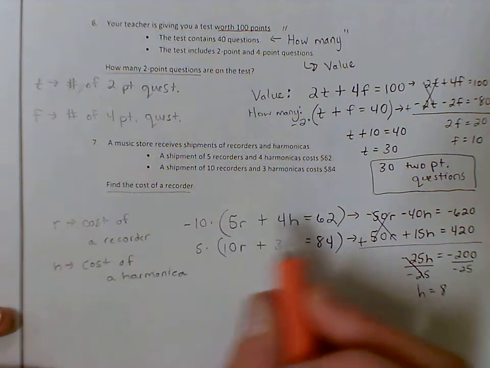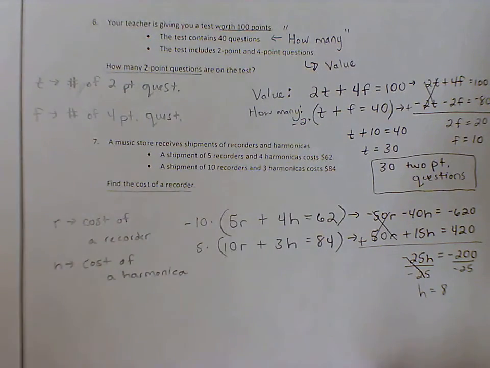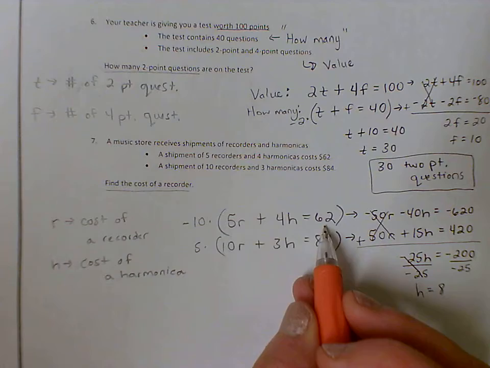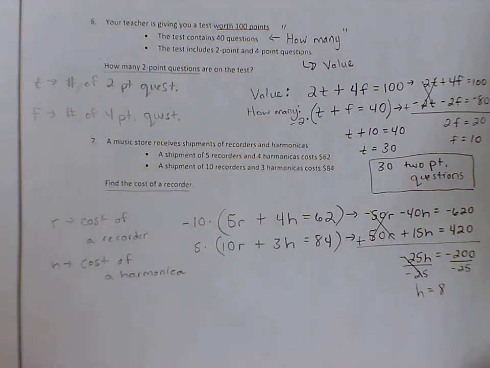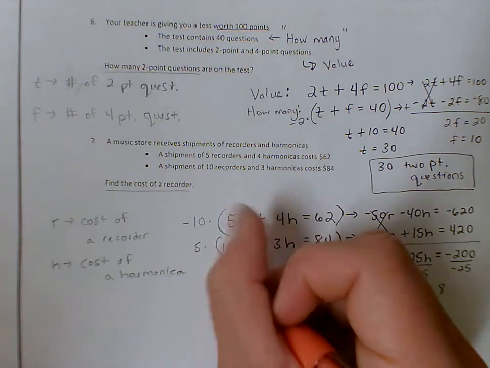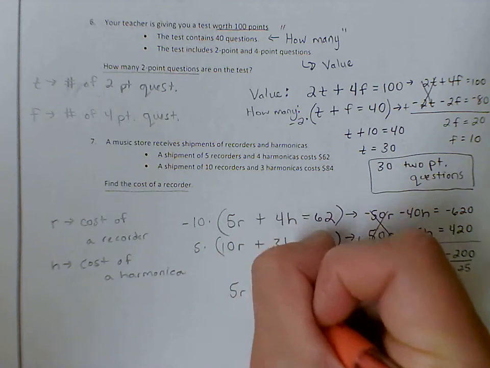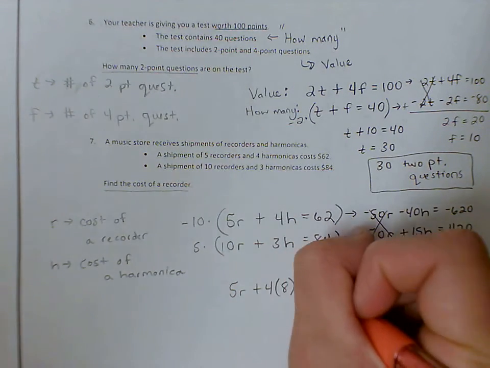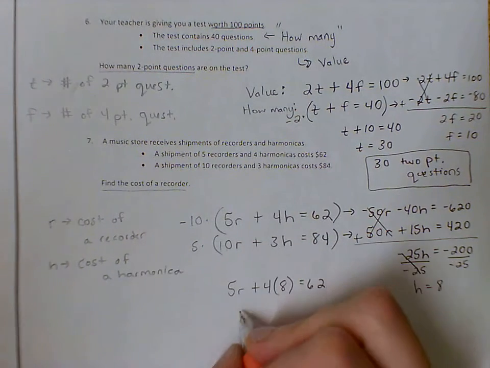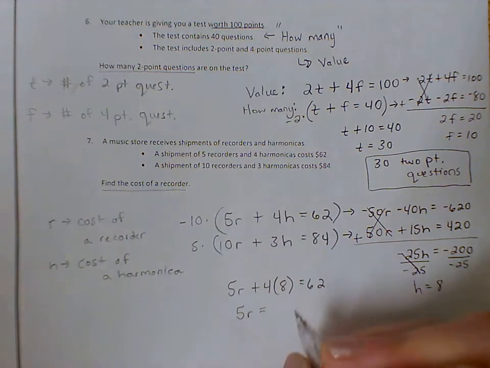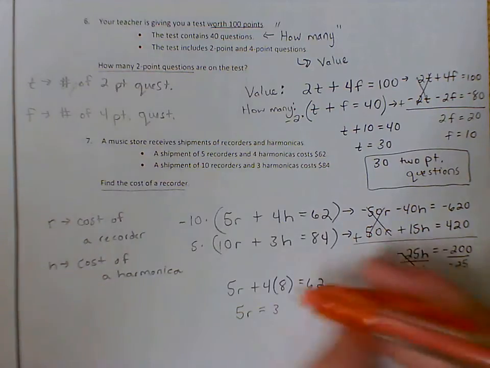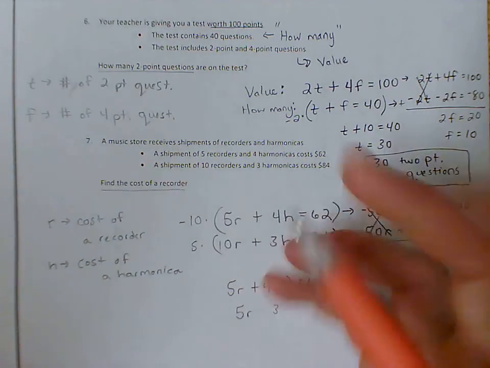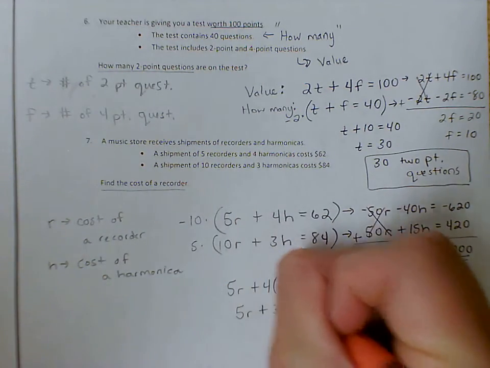So you've got to go back and plug it in. So pick one of the equations. That one looks maybe a little bit easier. I don't know. So we'll take it and plug it in. So it'd be 5R plus 4 times the H, which is 8, equals 62. And then I simplify. So my 5R will come down. 4 times 8 is 32.